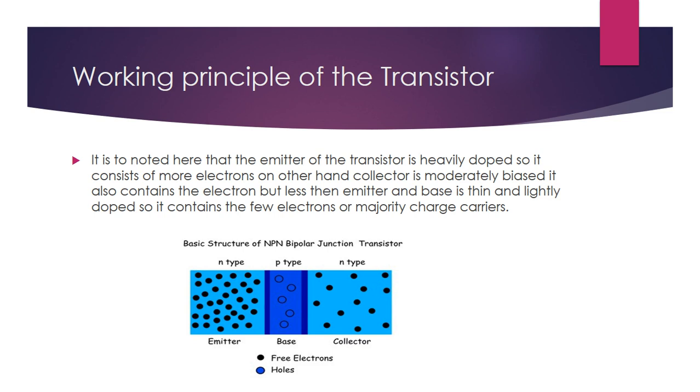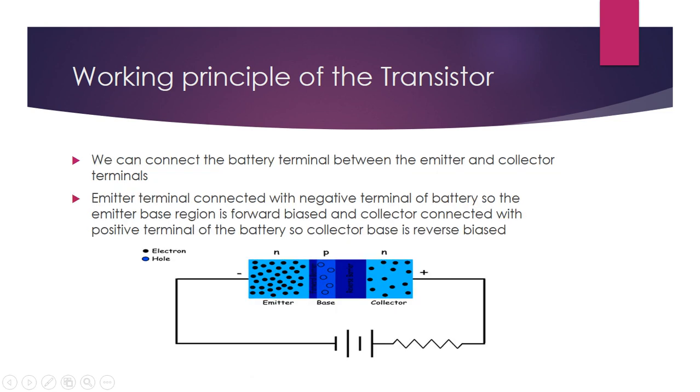These things are discussed here in this theory. Now we can connect the battery terminal between the emitter and collector terminals. These are the symbols of the battery, and this is the resistor.